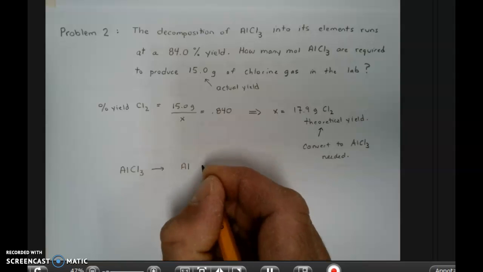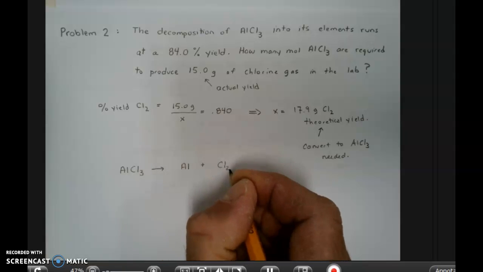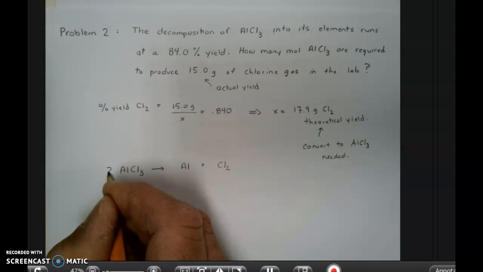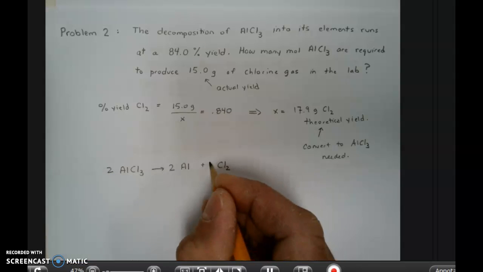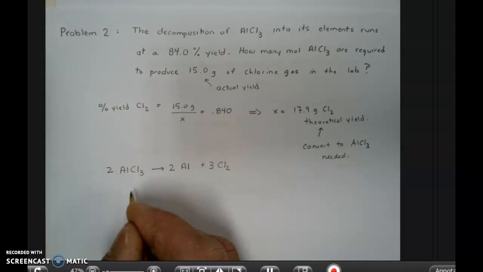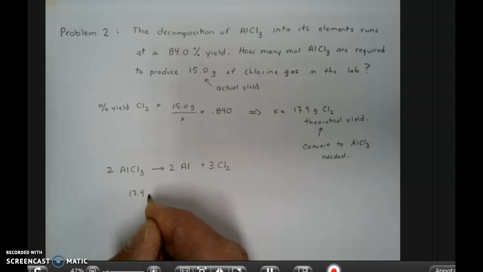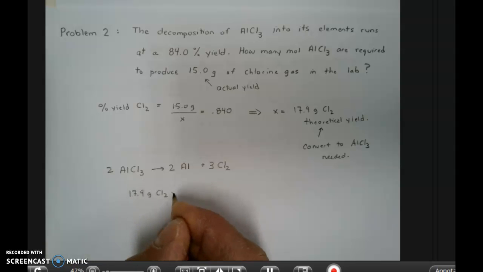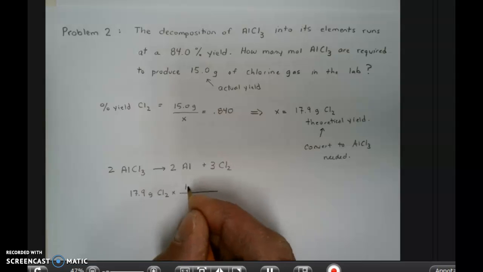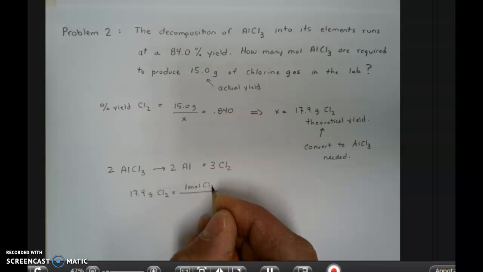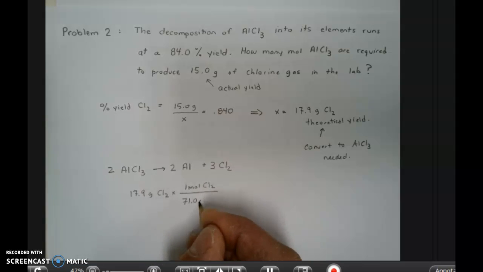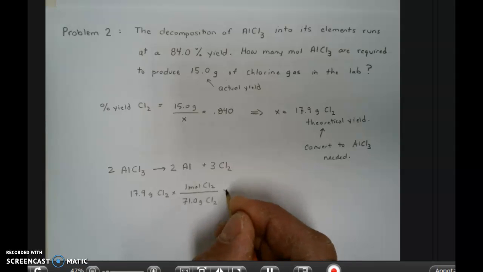So AlCl3's decomposition looks like this. Balance the equation, 2, 2, and a 3. All right, 17.9 grams Cl2 multiply by 1 mole of Cl2 over 71 grams to convert grams to moles.